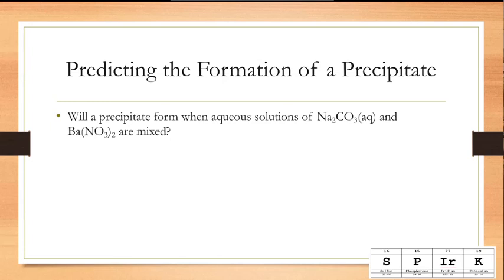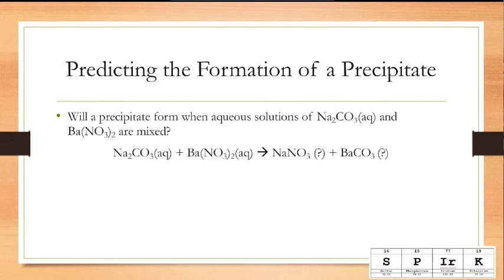So will a precipitate form when aqueous solutions of sodium carbonate and barium nitrate are mixed? So we have our equation here, and we can see that this is a double replacement reaction, and we need to determine the precipitate.